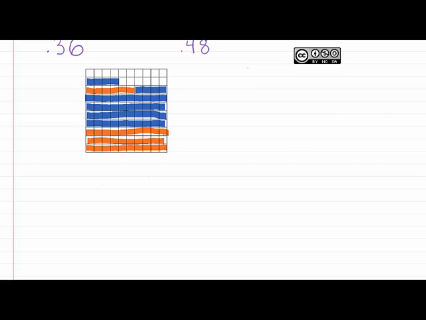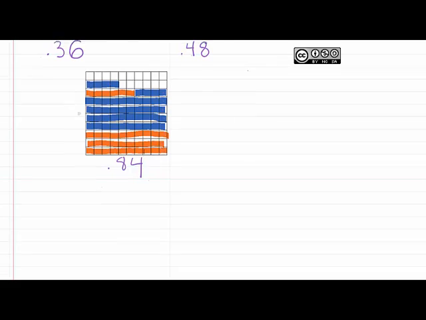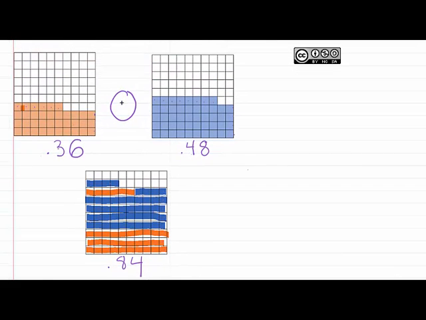So I've got 1, 2, 3, 4, 5, 6, 7 rows completely filled in. And I also have 1, 2, 3, 4 boxes filled in. So we can see that when we add together 0.36 and 0.48, we get a total of 0.84.